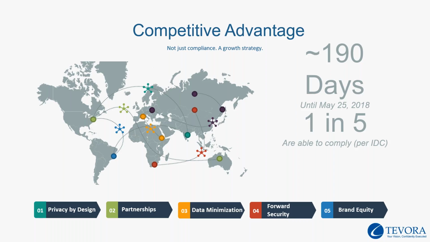It's forward-looking security, and if you are applying some of these GDPR principles back to the United States, we do believe that this is going to strengthen some of your customer retention, and in doing so, your brand equity. And that's never a bad thing.